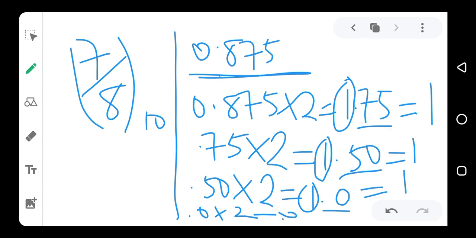So we count these numbers, the ones that are significant, that is the ones that are not 0. We cancel the 0. So we are counting from up to down.